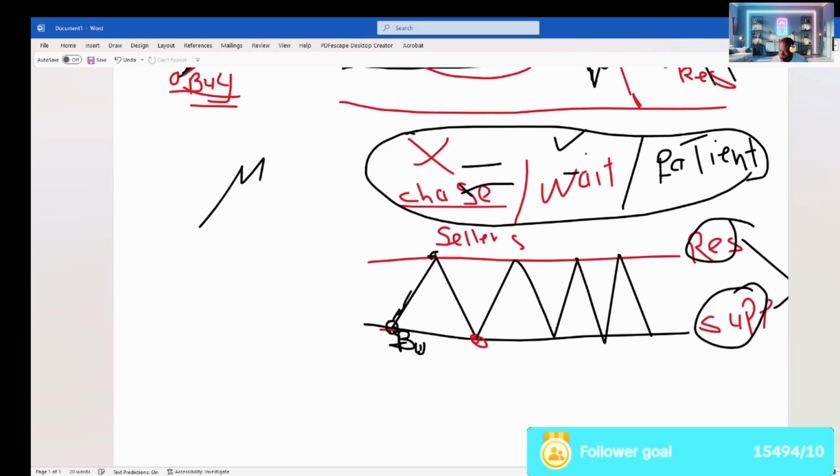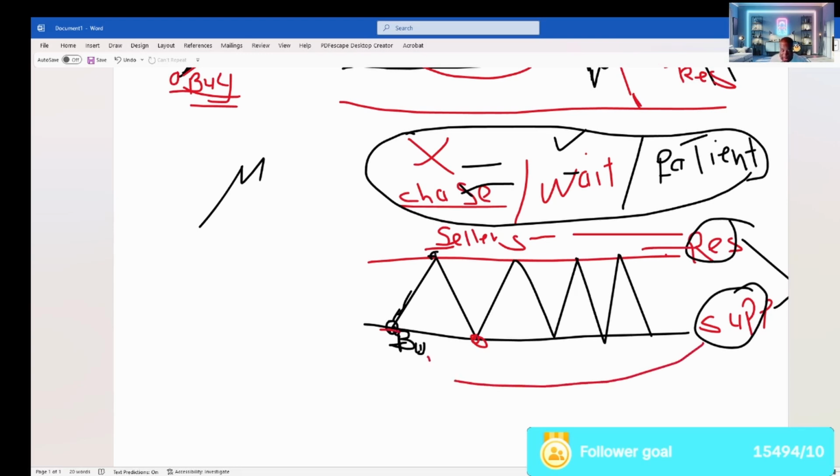So the resistance is a place for the sellers. Always. Sellers have been waiting at that resistance. You see, they're waiting there at the resistance. That's what we call sellers at resistance. We call buyers at the support.